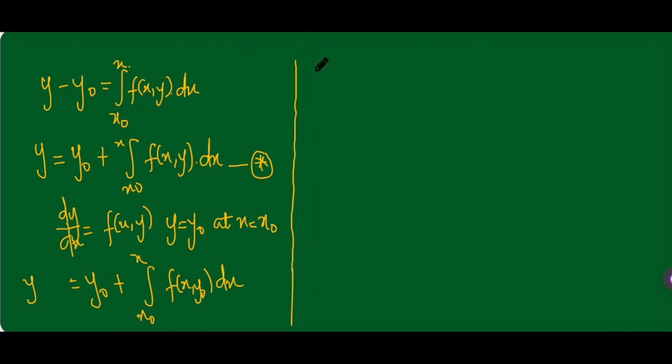So our second approximation y2, like I've said, is going to be y naught plus the integral between x naught and x of f. Now instead of y naught here, it will now be y1 dx.